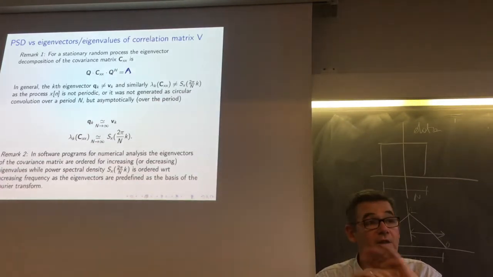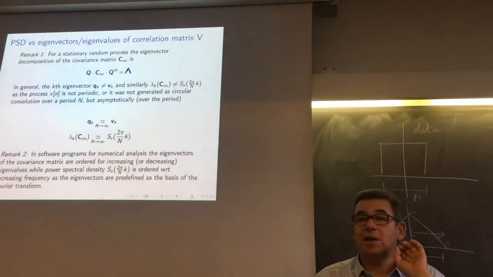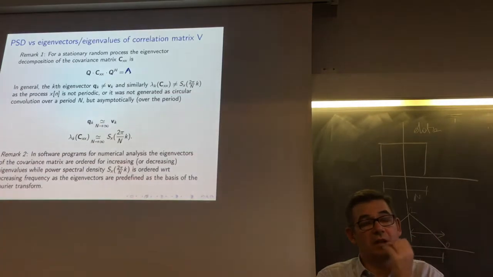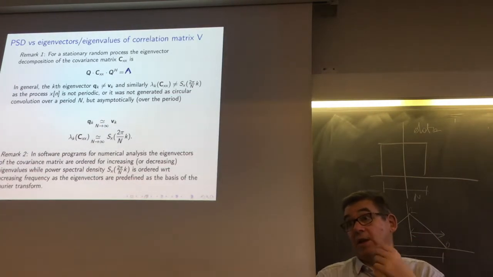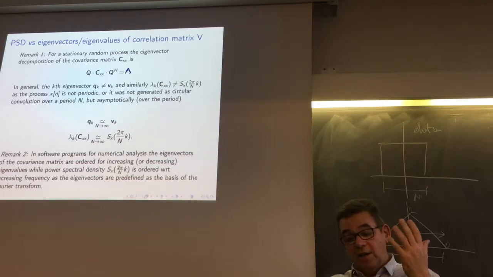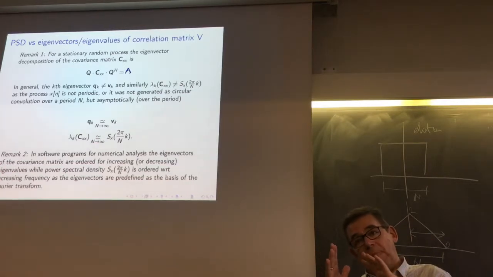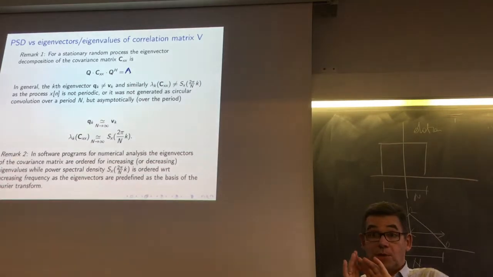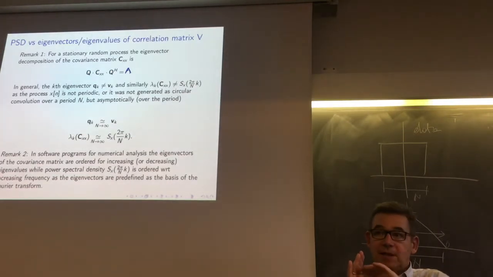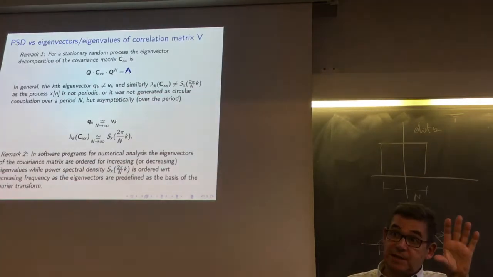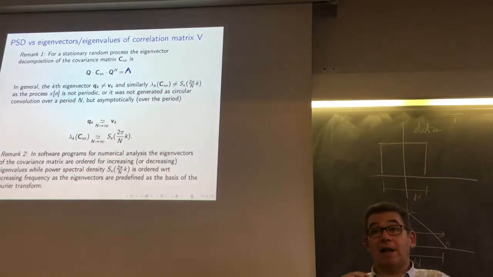You might ask, how can I reconcile the two? Intuitively, if I have a stationary random process, I expect that there should be a relationship between the power spectral density and the covariance of a set of data.